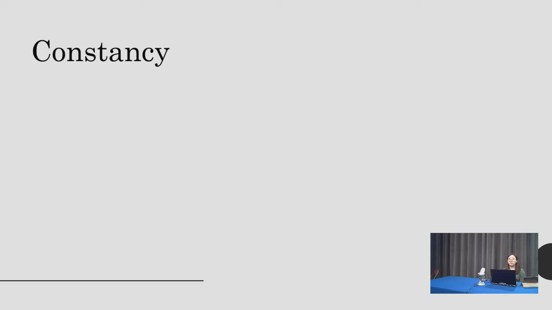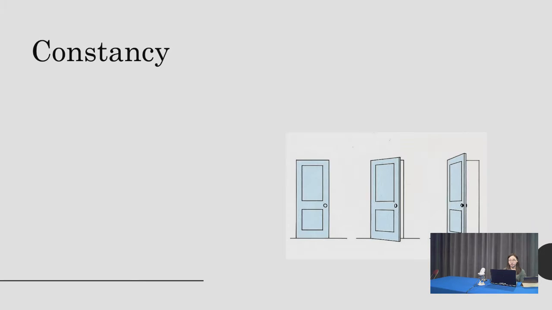Okay, let's talk about the first principle, constancy. Before I talk about the definition, let's see one example. Here you can see three rectangles, and at first look they don't have the same shape, but deep down we know that this is a door.